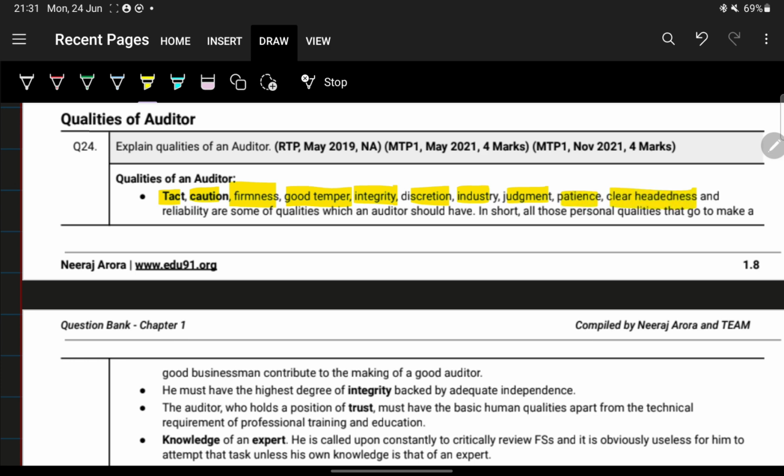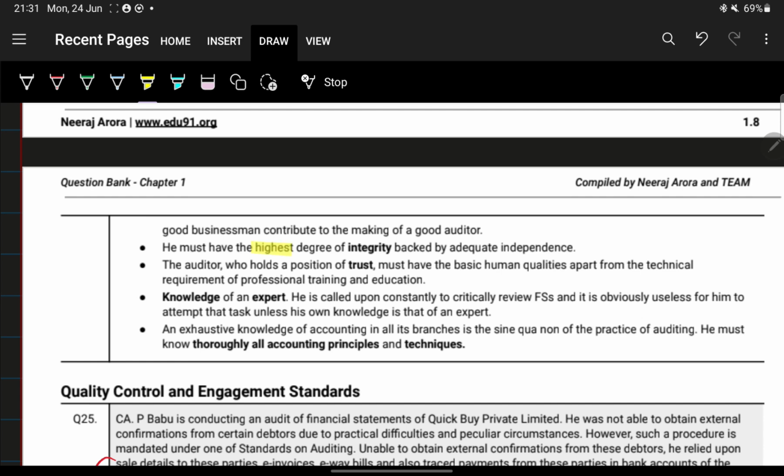Next, he must have the highest degree of integrity, must hold a position of trust and have basic human qualities, and he must have the knowledge of an expert, because he is called upon to critically review the financial statements. It is useless for him to attempt this task without having the necessary knowledge. Next, he must have an exhaustive knowledge of accounting, and it is sine qua non, meaning it is 100% required.